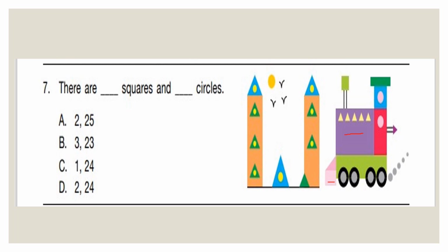And if we count the circles, we can find 2 plus 2 is 4, plus 2 is 6, plus 2 is 8, 9, 10, 11, 12, 13, 14, 15, 16, 17, 18, 19, 20, and 4 makes 24. Total 24 circles are there. So our answer is option D.